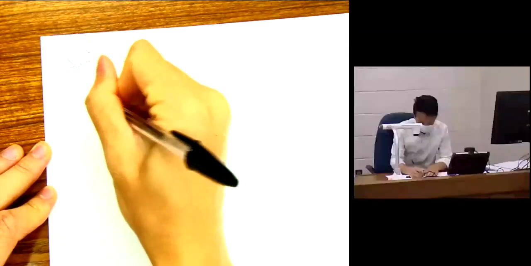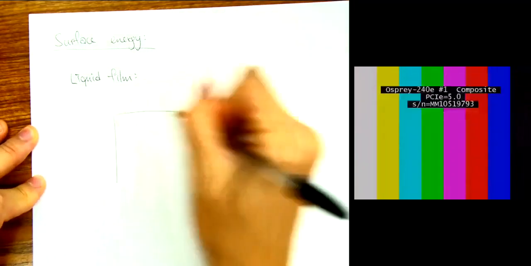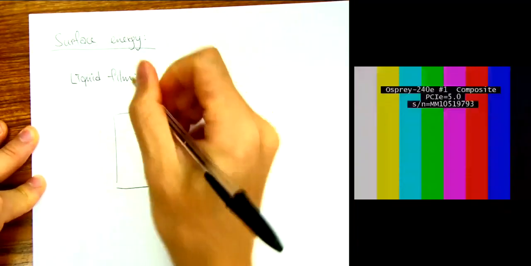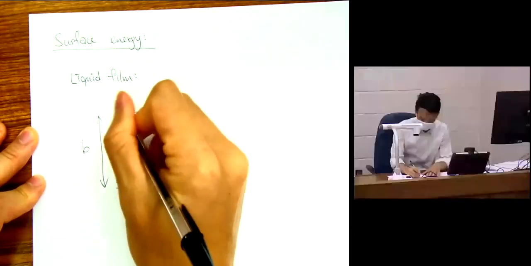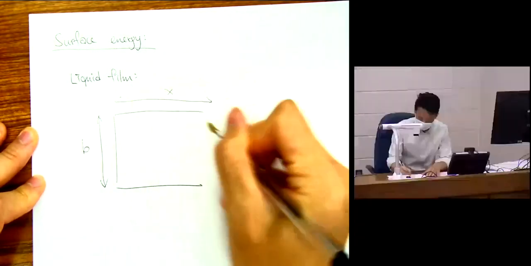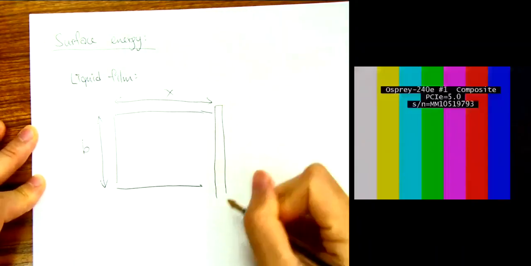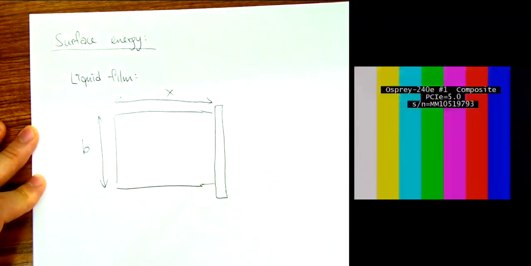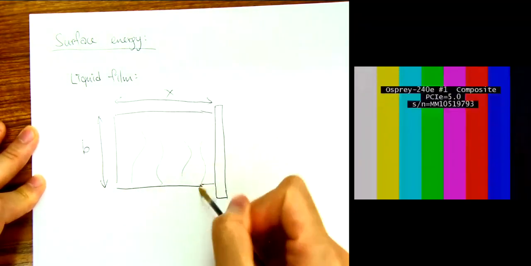So, liquid film. The frame is this. I have a frame, some dimension, small b. There's a distance x, and there's a handle on that side, and that's the soap film in between.